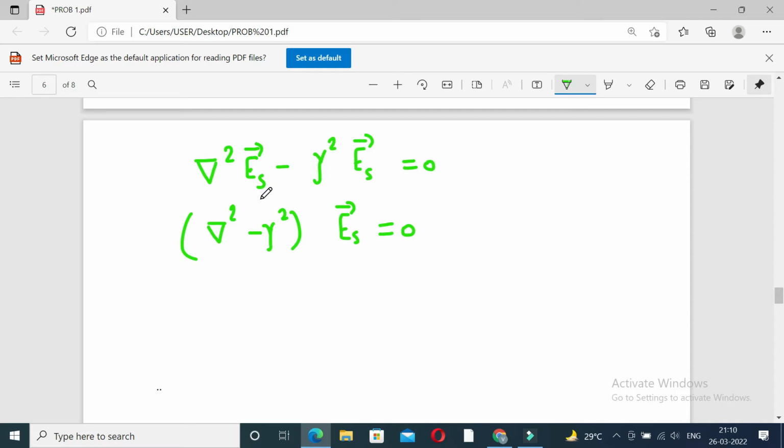Now consider a wave propagating in the positive z direction.